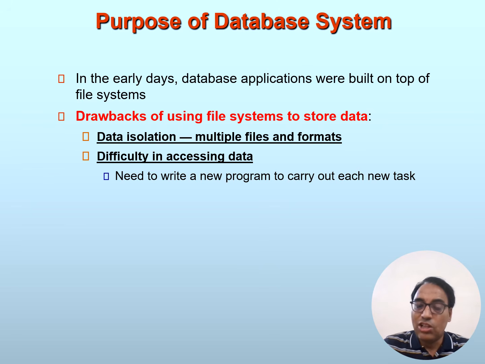Long back we were primarily using the file systems or the search command in Windows or somewhere. But what happens? There are multiple file formats. We have to change the commands every time based on the extensions. Difficulty in accessing the data. How do you work it out? Some file is somewhere else. I need to get it mailed or provided in soft copies.